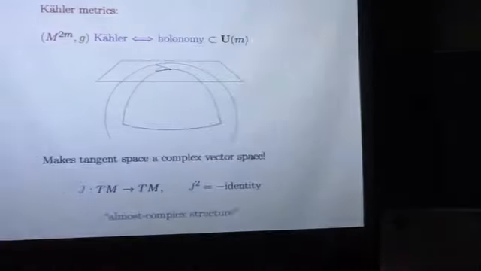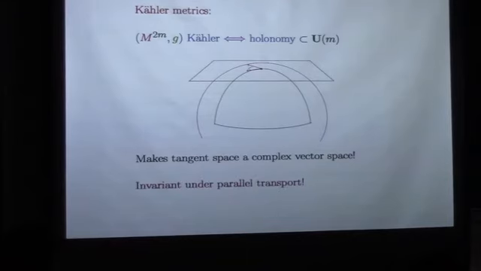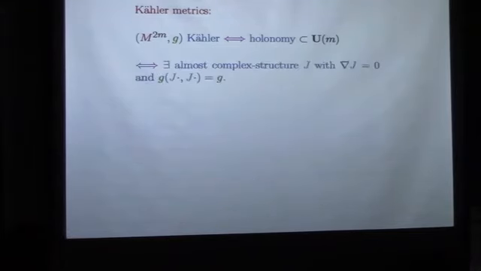However, because we've assumed that the holonomy group is in the unitary group, if you now just drag that notion of multiplying by i along any path to any other point, it is well defined. It's independent of which path you chose to move it along. So this is a so-called almost complex structure, which is invariant under parallel transport.